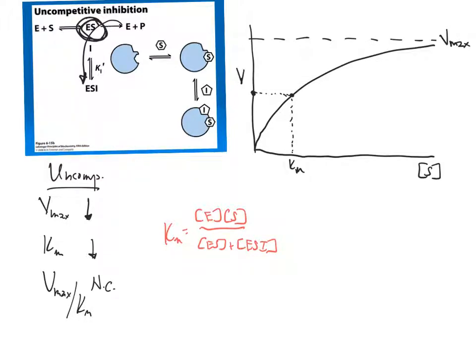So it sounds like it's going to be really hard to draw, but it's really not that bad. So it's in this red or pink or whatever color. It means this portion of the curve is going to be identical, roughly. But Vmax is going to be smaller, and Km is going to be smaller, so it's going to look something like this. There we go. Down around 0, they overlap.